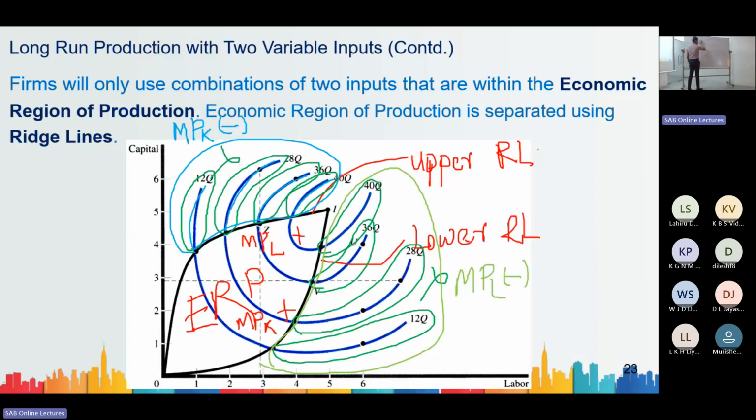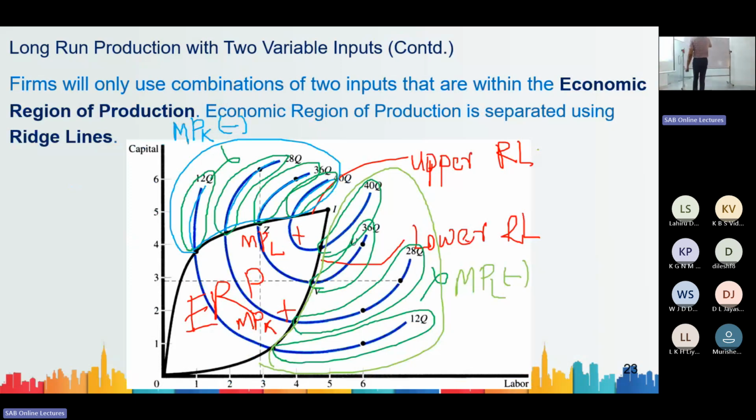Within those two regions, we have the economic region of production. Within it, the marginal product of capital is positive and at the same time the marginal product of labor is positive. Therefore, a rational producer decides only to produce within the economic region of production.